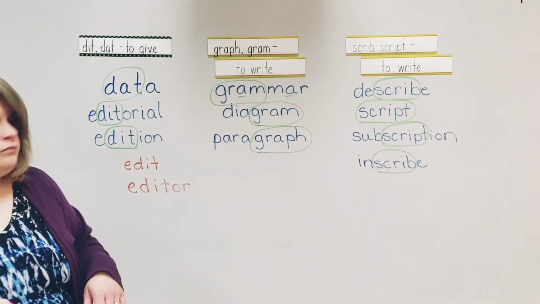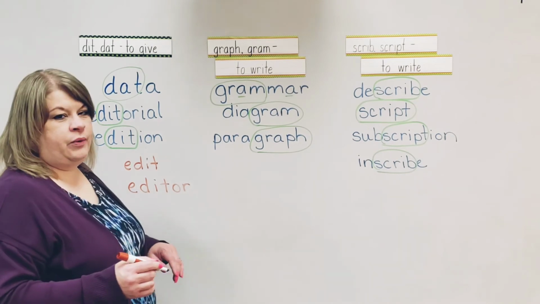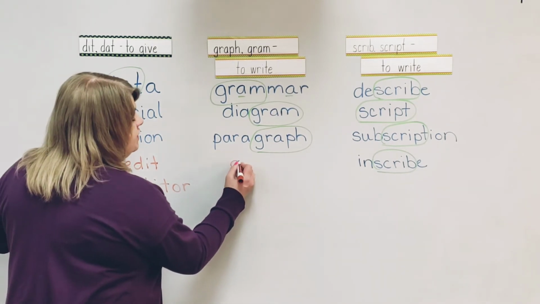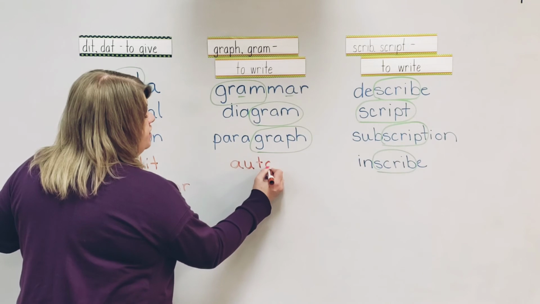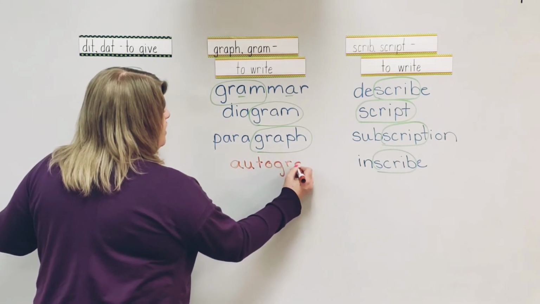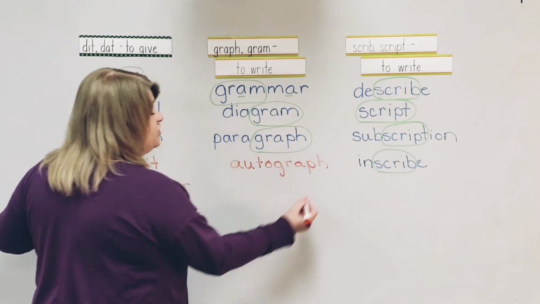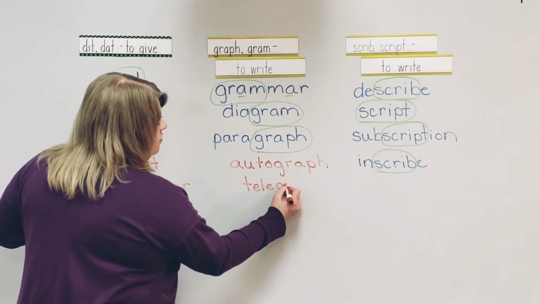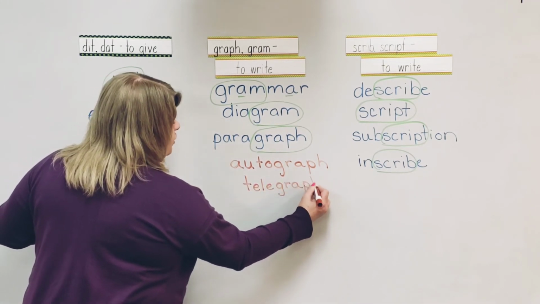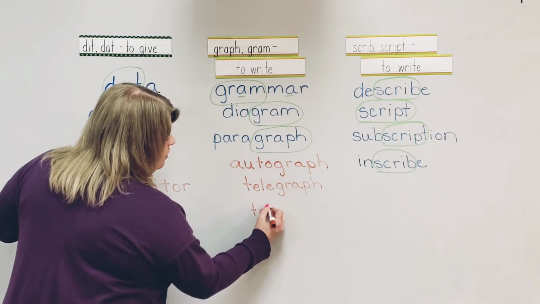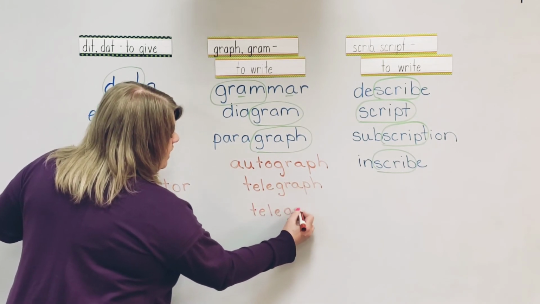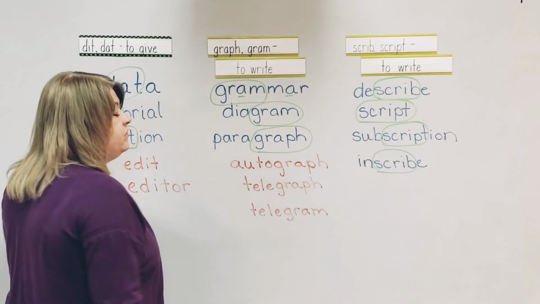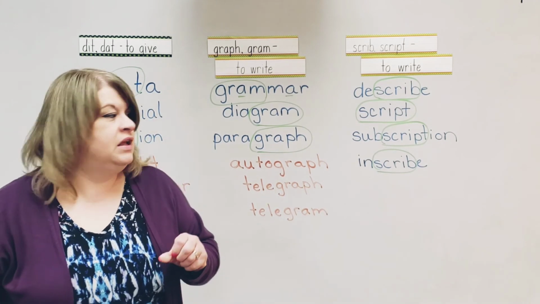Good job. All right, graph and gram. Well, in the directions, it gave us autograph. And then we kind of already talked about our social studies, didn't we? Did you use any of those? How about telegraph? And the paper that comes from that is a telegram. Good job.